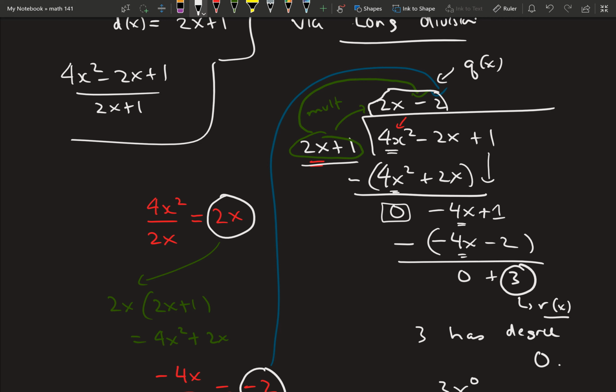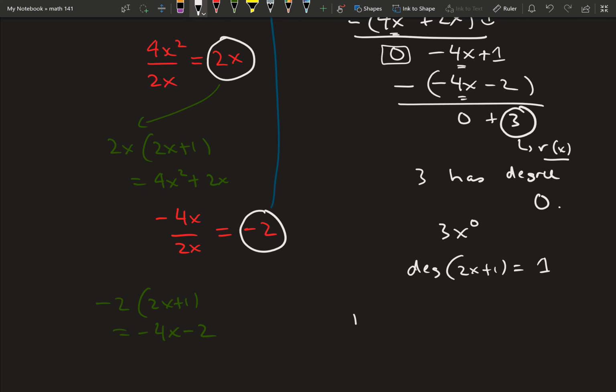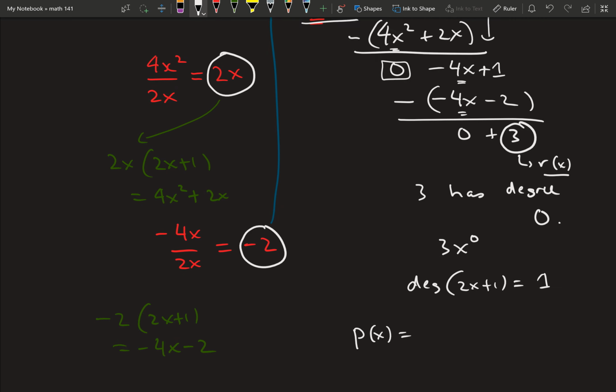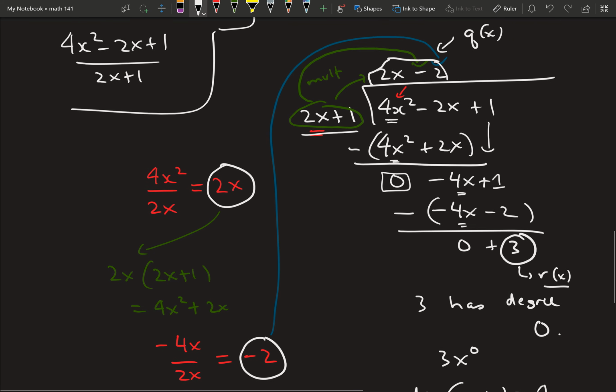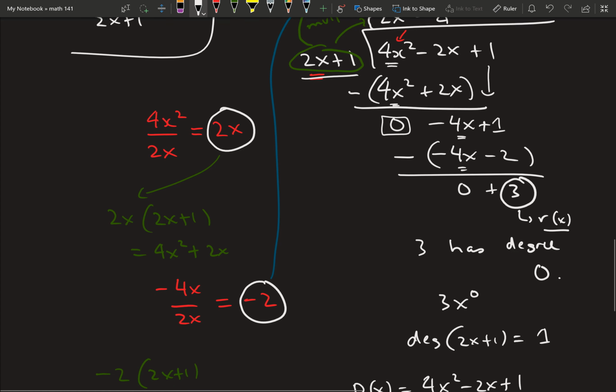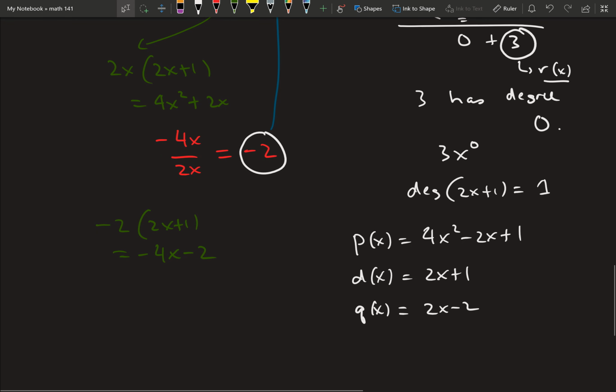So let's write this down now in both forms A and B. So we had p of x being 4x squared minus 2x plus 1. We had our divisor be just 2x plus 1. Our quotient then, q of x, is 2x minus 2, and our remainder is just a constant polynomial of 3.